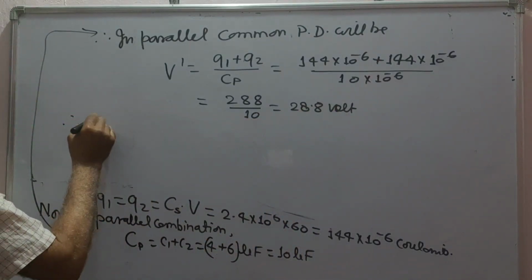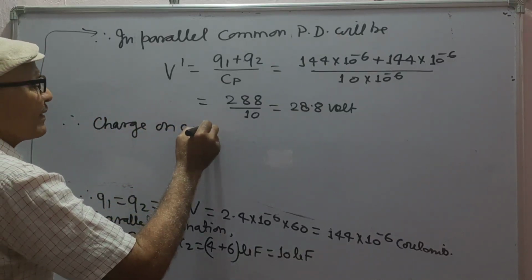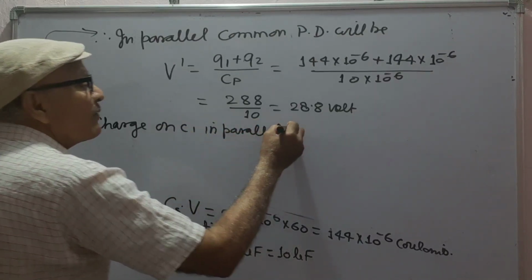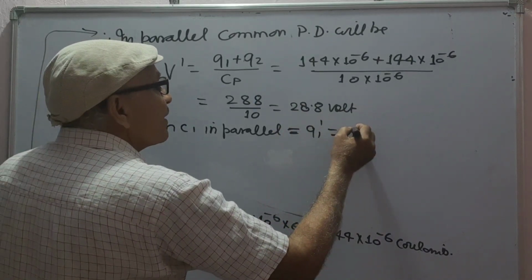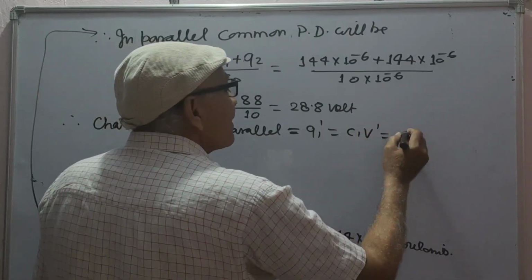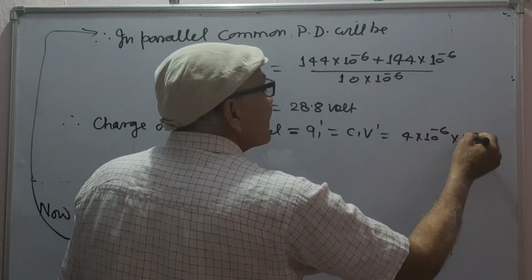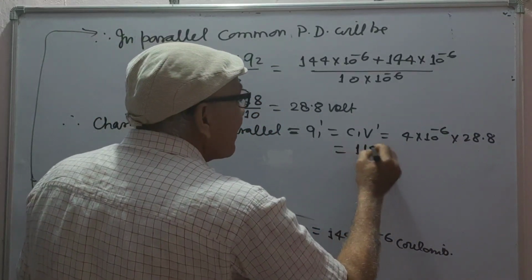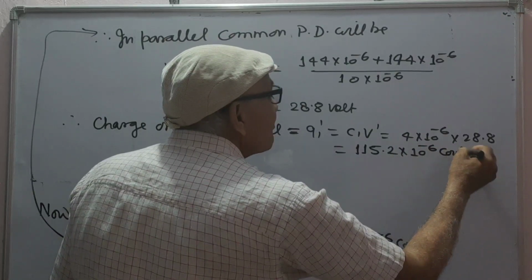Therefore, charge on C1 in parallel will be equal to Q1 dash, which is C1 into V dash. C1 is 4 into 10 to minus 6 into V dash, 28.8, so 115.2 into 10 to minus 6 coulomb.